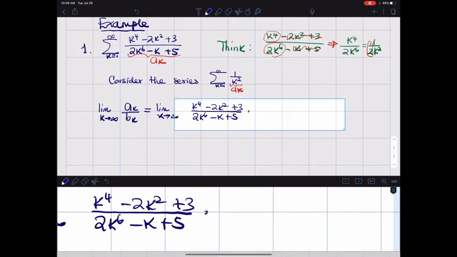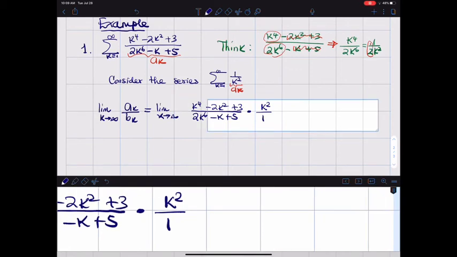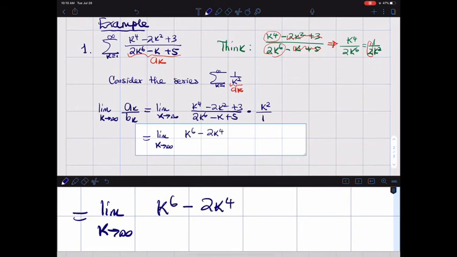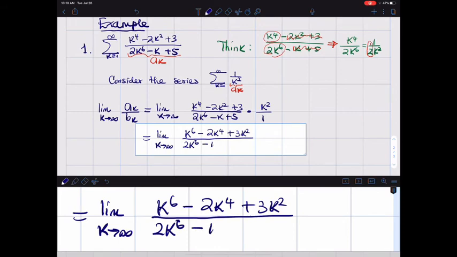If I'm dividing by 1 over k squared, it's like multiplying by k squared over 1. So this is the limit as k goes to infinity of k to the power of 6 minus 2k to the power of 4 plus 3k squared all over 2k to the power of 6 minus k plus 5.